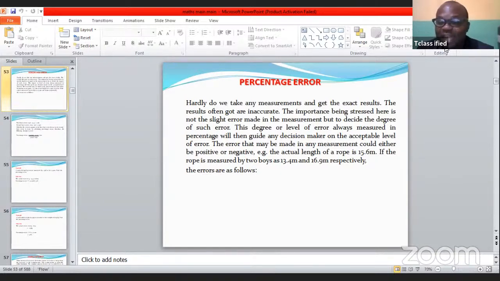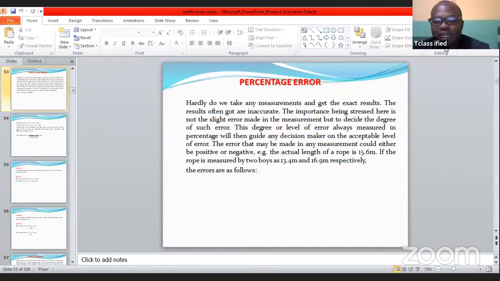Example, the actual length of a rope is 15.6 meters. If the rope is measured by 16.9 meters. Now, before we move to the next slide, I want to make sure that this first slide is understood.